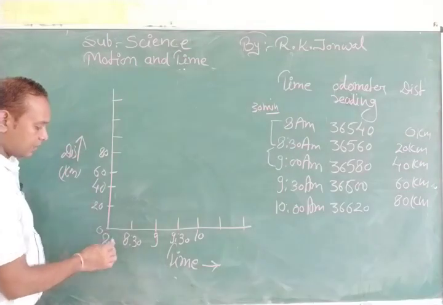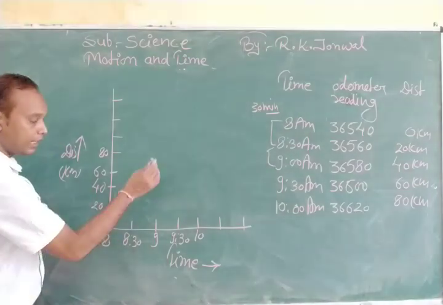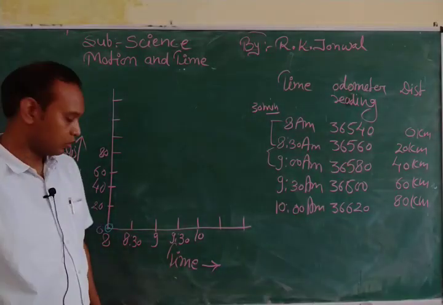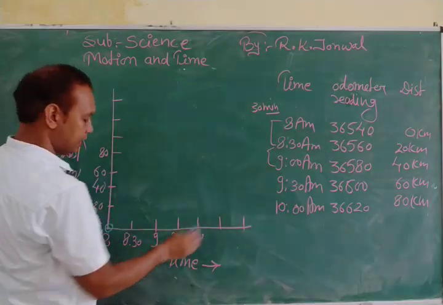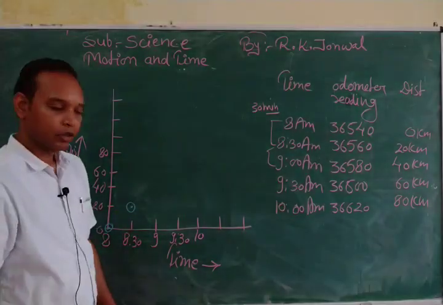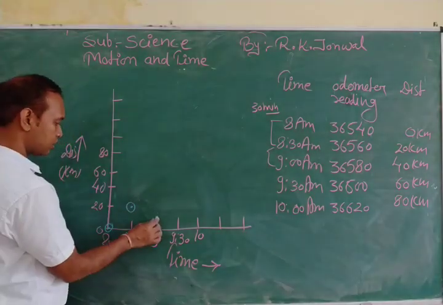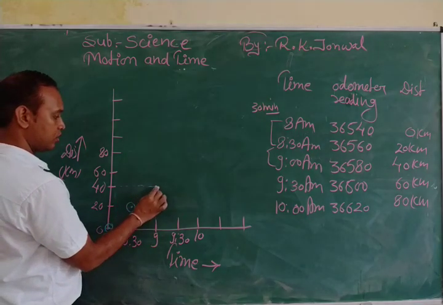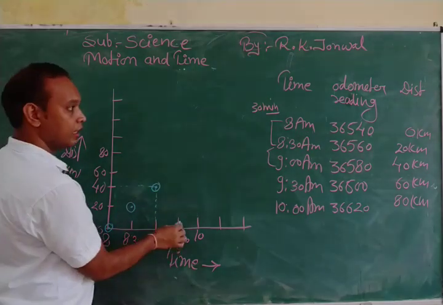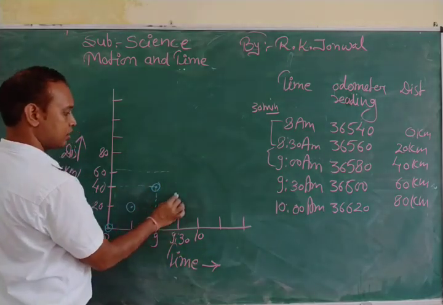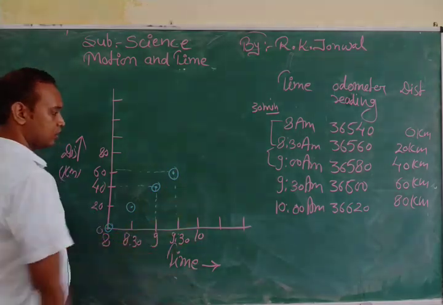So we can say at 8 am the distance covered by that vehicle is 0. Now at 8:30 the distance is 20. Now at 9 o'clock the distance is 40, and at 9:30 the distance is 60.